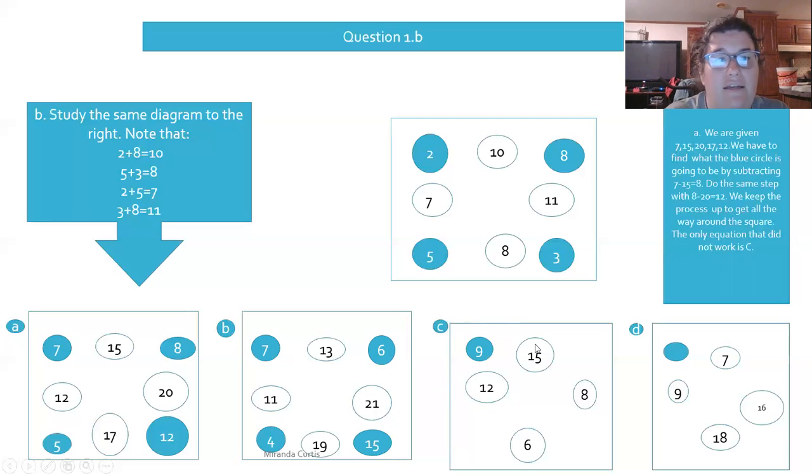Okay, C was a hot mess, and it did not work. 9 plus 5 is not 15. That did not work, even though some of your pieces will work.